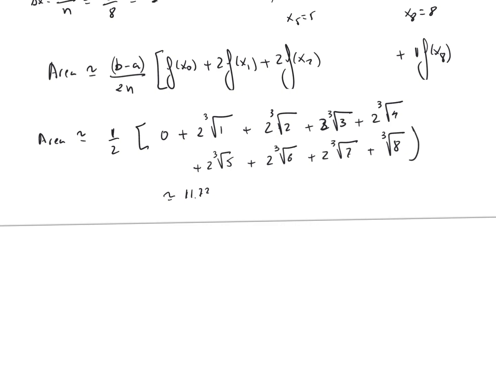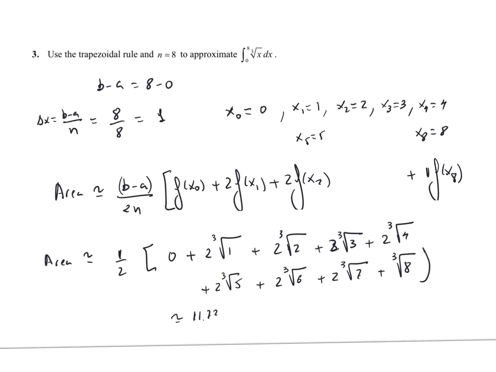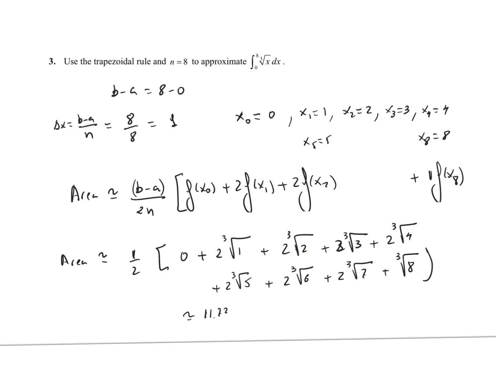In this case, you can find the exact area between 0 and 8 by finding the antiderivative and computing g of 8 minus g of 0. And this will give you the correct area, and the correct area is smaller in this case.